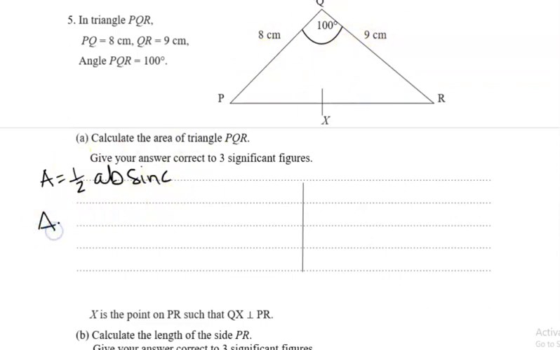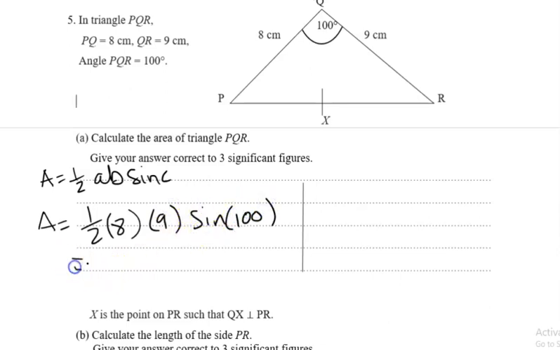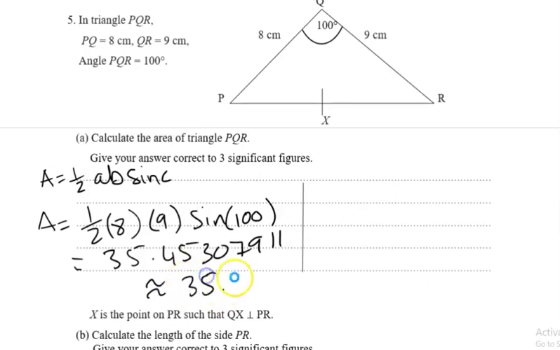So area is going to equal half times 8 times 9 times sine 100. Pop this into the calculator. We're going to get 35.45307911. Round it to 3 significant figures. That's going to be 35.5 centimeters squared.